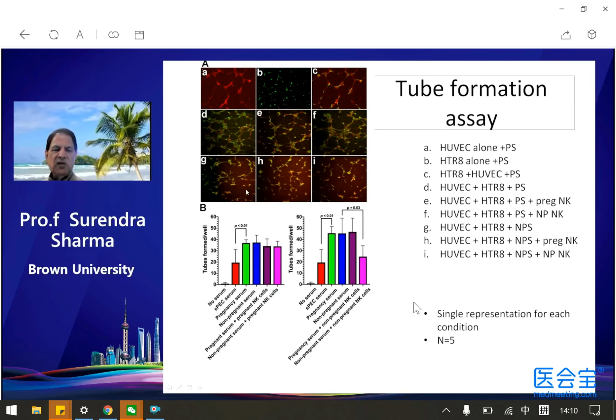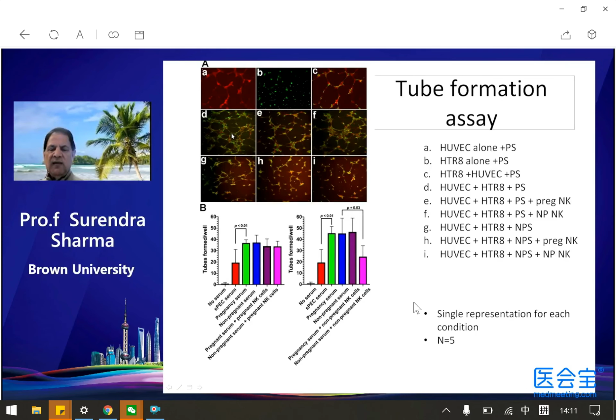Now this is very interesting. G, H, and I panels, rather, show you that here you have HUVEC cells and HTR8 cells in the presence of non-pregnancy serum, and you do not really see heavy-duty tube formation as we saw here.